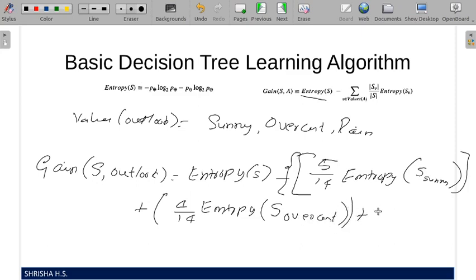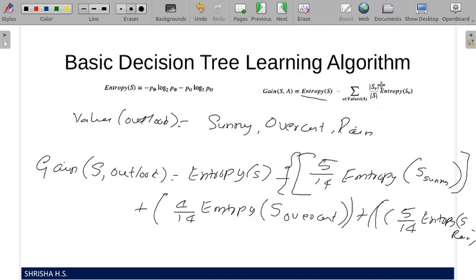Next, we have 5 instances out of 14 where we have rain, times the entropy of all the instances where outlook equals rain. So this will be our gain: entropy of S minus 5 by 14.